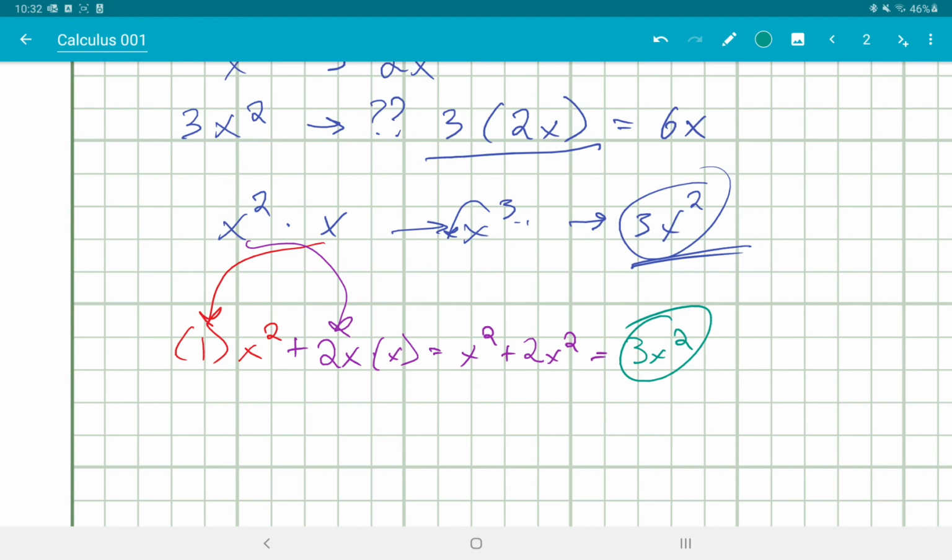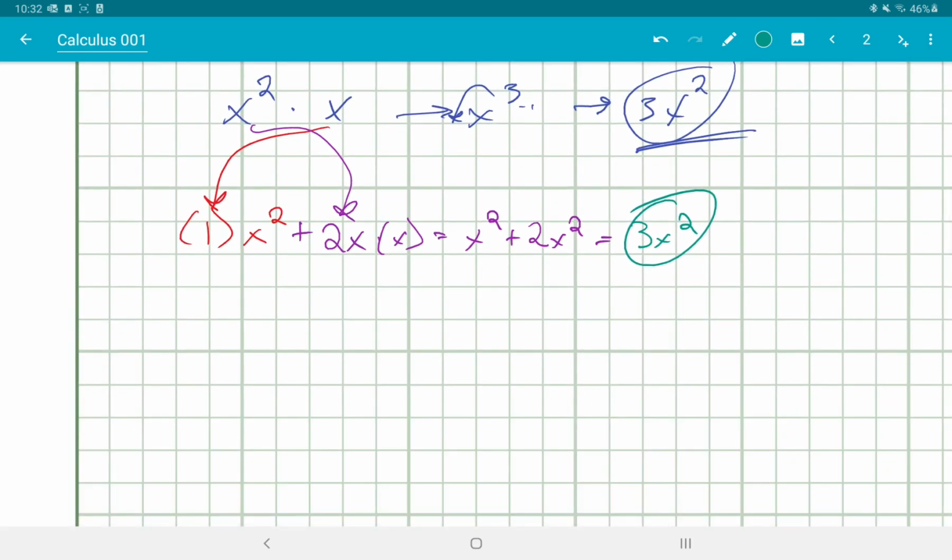So there's a couple of different rules like that. The ones that you need to look up, you can just Google them, and it'll tell you exactly what you need to know. You need to know the power rule. You need to know the quotient rule, which is the opposite.